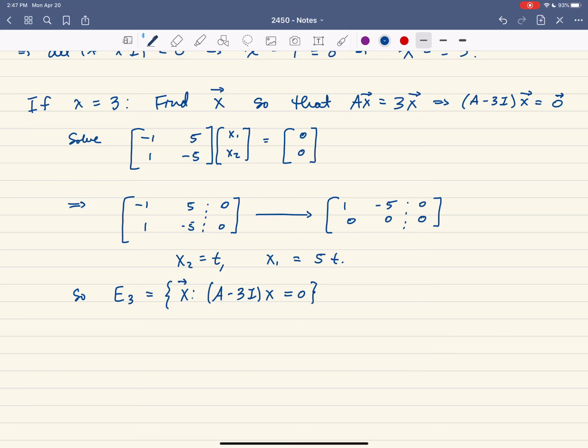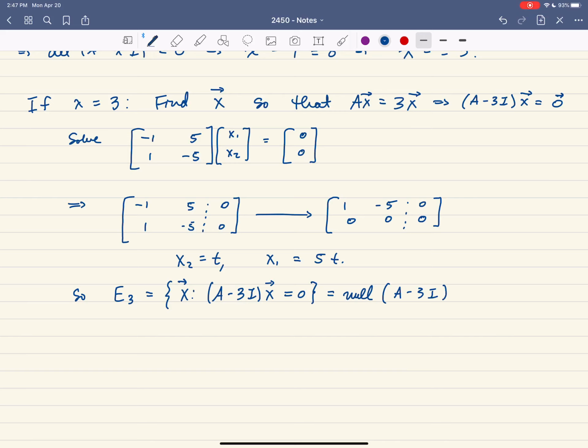Here we're thinking of x as a vector. What we're really doing, by the way, is that this E3 is nothing more than the null space of A minus 3I.